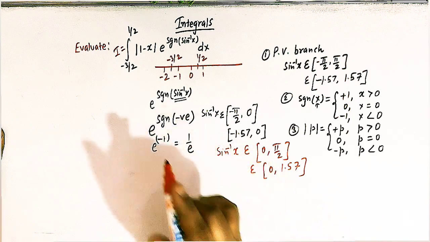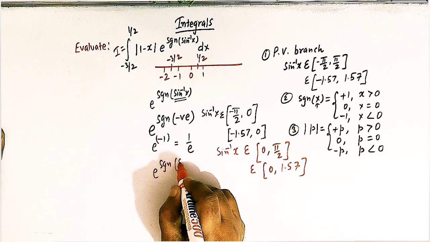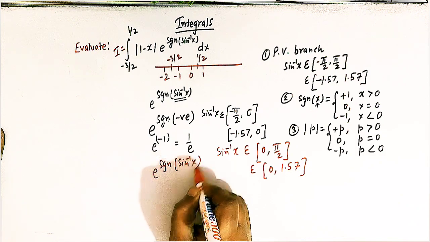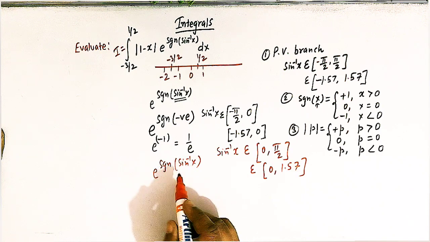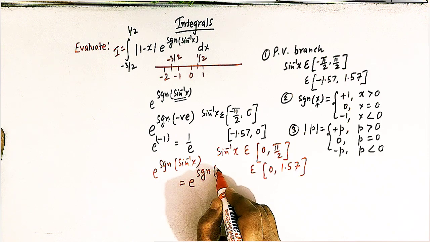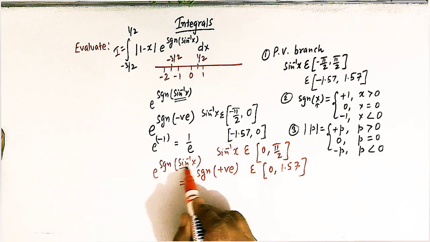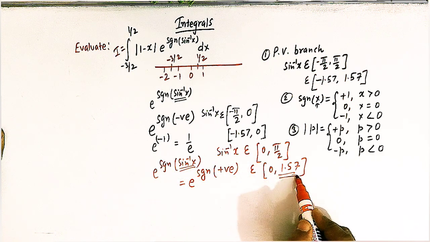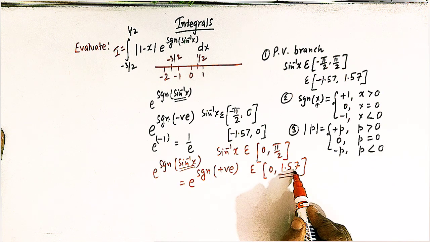So in that case, e raised to signum of sine inverse x can be written as e raised to signum of a positive quantity, because this interval contains all the positive values.